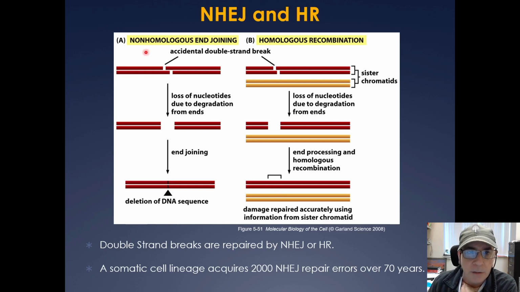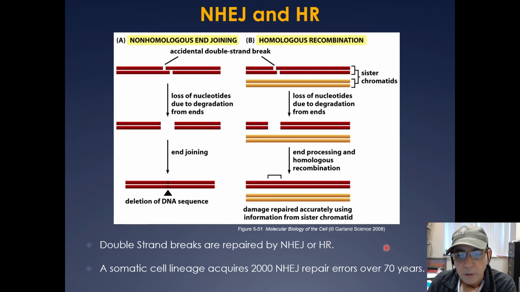Okay, so in the case with non-homologous end joining, you're typically left with a genetic lesion that's detectable, oftentimes a deletion of anywhere from 1 to 4 nucleotides. But homologous recombination is actually perfect and will fix the DNA flawlessly.